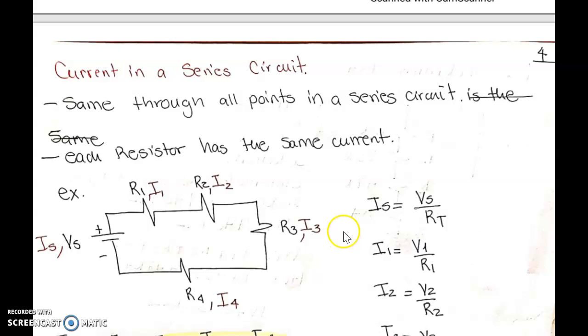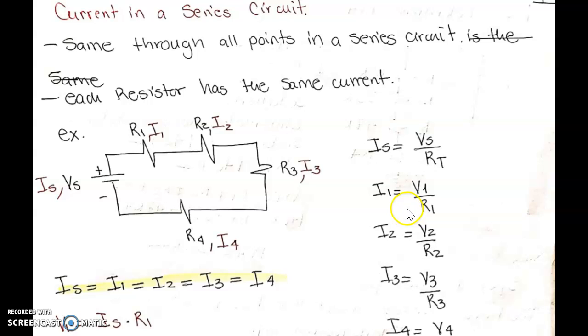So we can say that the I source produced by the source is defined as your voltage source divided by your total resistance, not by R1 or R2, but by R total, which is R1 plus R2 plus R3 plus R4. And then we know that I1 will be V1 over R1.